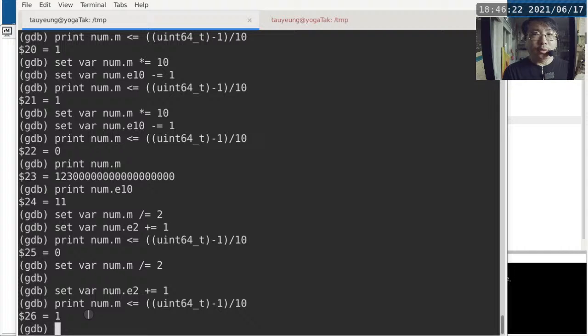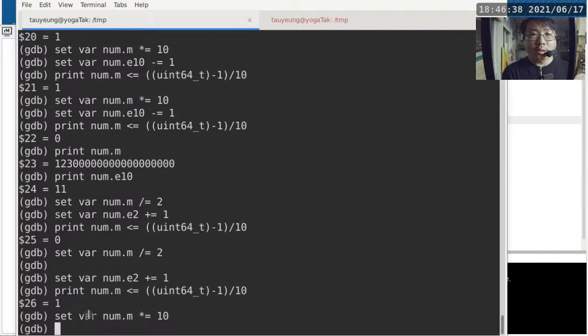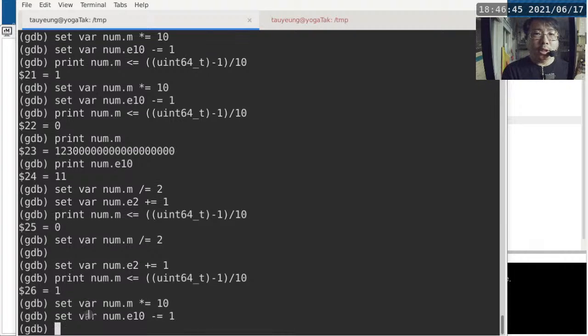So now we can go ahead and multiply m by 10 again, and then decrease e10 by 1 again. So we'll do a set var num.m times equal to 10, set var num.e10 minus equal 1. There we go.